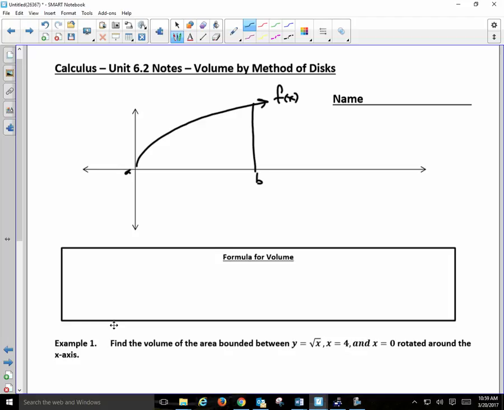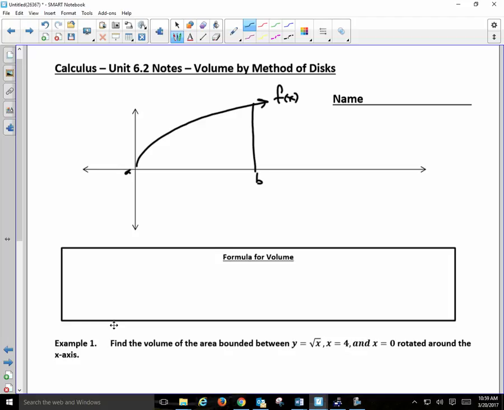Right now, as you look at that shape, does that look like a two-dimensional shape or a three-dimensional shape? Two-dimensional, yes. Okay. So what we're going to do is create a three-dimensional shape by spinning it around the x-axis.